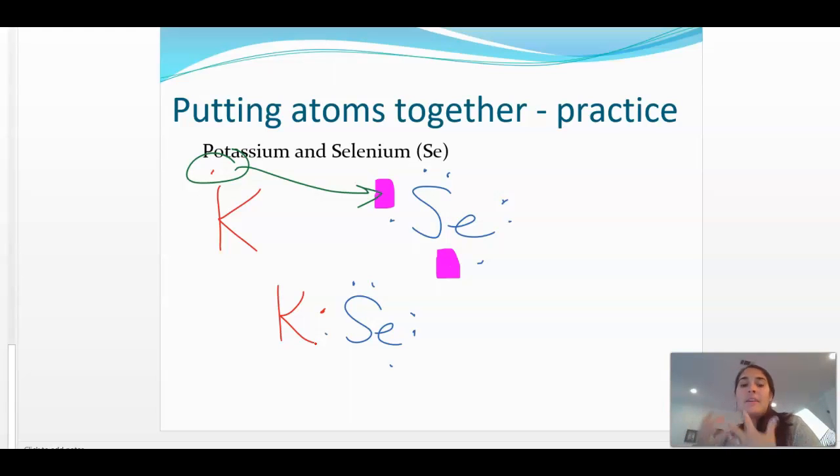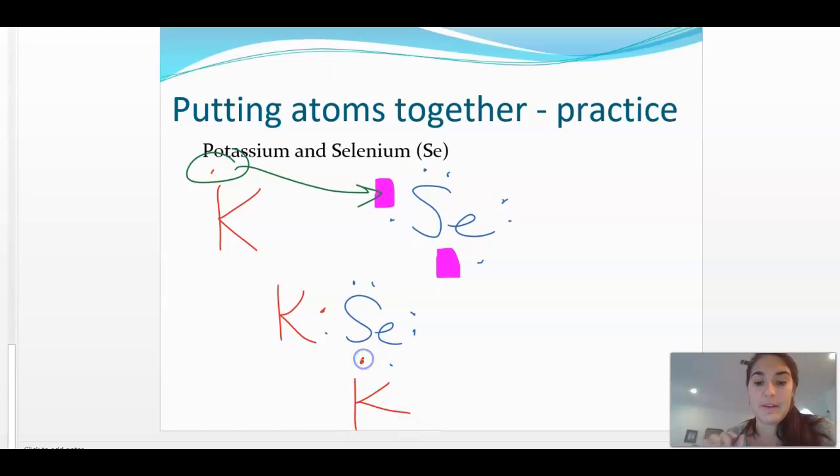So we bring in another potassium, which had the 1 unpaired, and it jumps in right there. And so it takes 2 potassiums and 1 selenium to make this happen. And that is how bonding works. That is it, friends. These unpaired electrons come in together and they make this full octet.